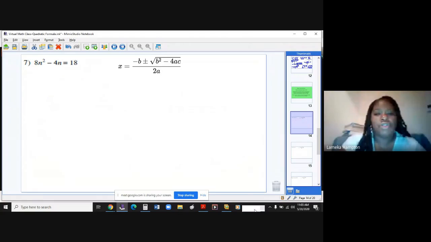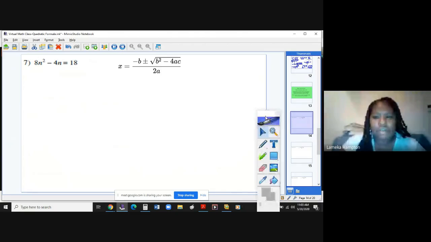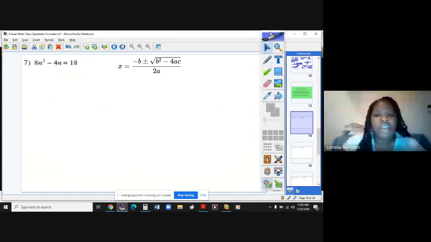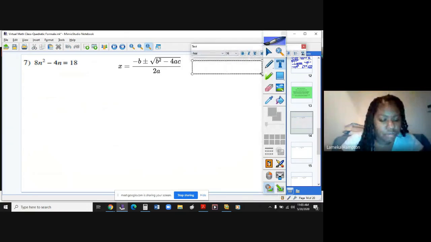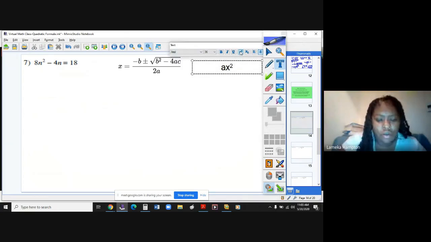We are used to this format, and I'm going to type the format that you're normally accustomed to, which would be ax squared plus bx plus c equals 0.